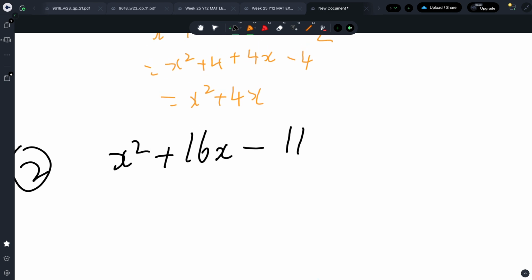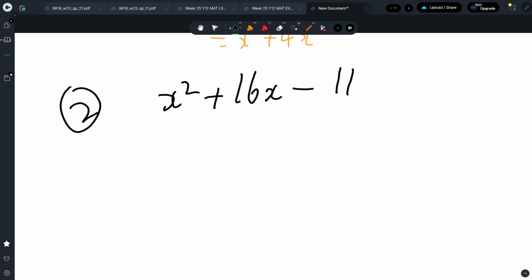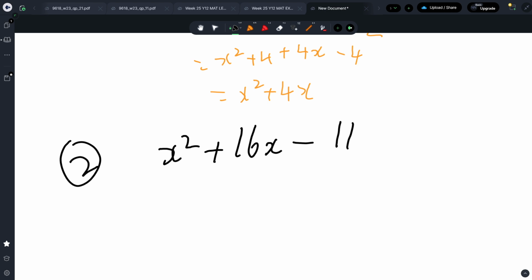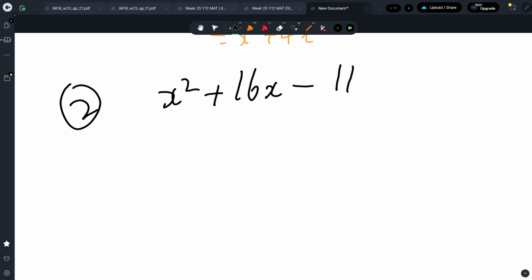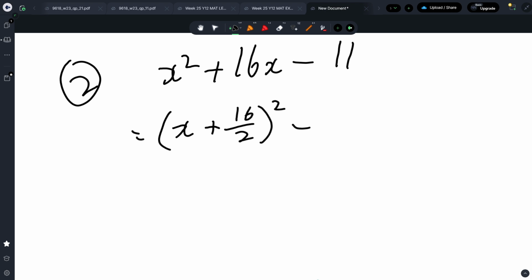The next one is going to be this, which is like level 2, I guess, because now we have a third term here. So you want to do the same thing, essentially. So set it up equal to plus 16 over 2 squared minus 11, minus 16 over 2 squared minus 11.